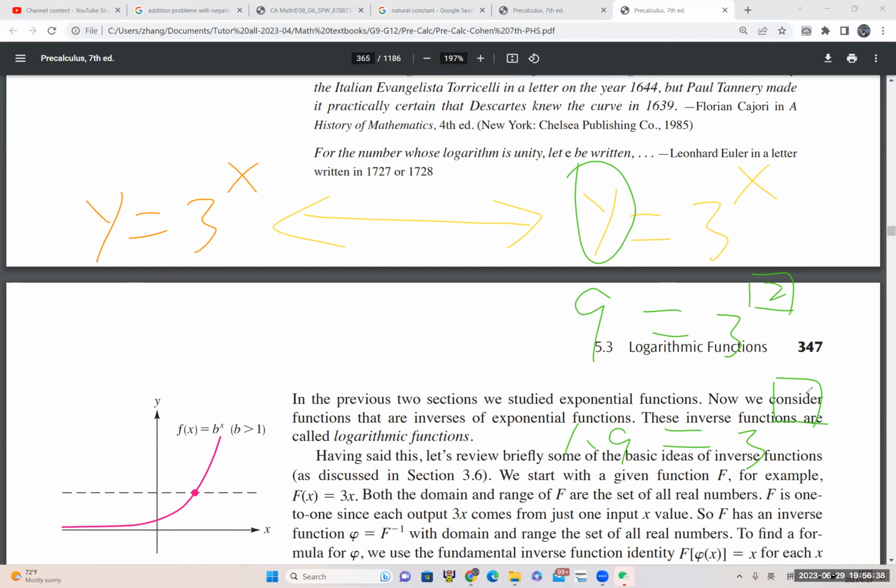But we want a function. If given this value, we can always know the corresponding exponent, right? So for this kind of function, we'd better switch the places. We always call the input x and the output y, right? So we can write, here is x, here is y.